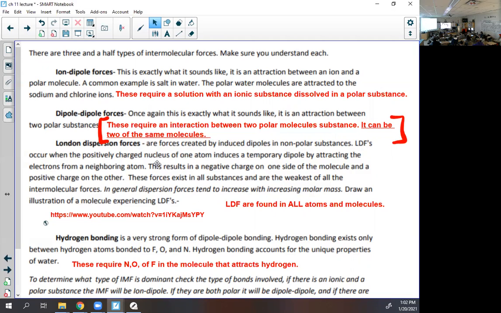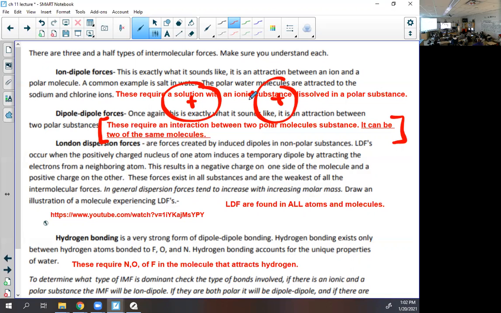London dispersion forces are a little bit weird. It's like when you pull two magnets together and they're opposite charges, you can feel them push each other apart, but they don't really stick. The one kind of influences the other. In a London dispersion force, we have the nucleus of one, the nucleus of the other, and this one causes an attraction for all the electrons. So now all the electrons go to this side, and we have a negative side.